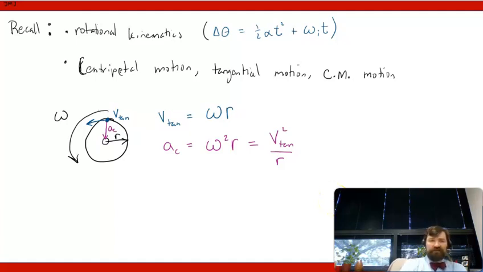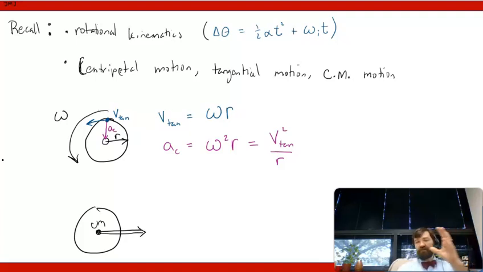Well, the center of mass motion would be if this whole object, rather than spinning about in place, let's say here's the center of mass, the whole object could be translating this way. And so if the whole object is moving together with some speed, then this would be the center of mass speed of the object.